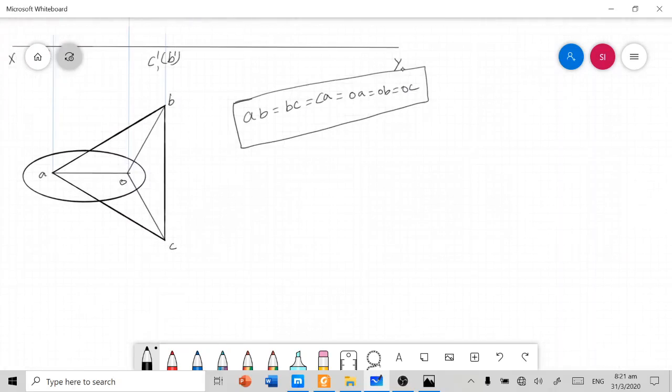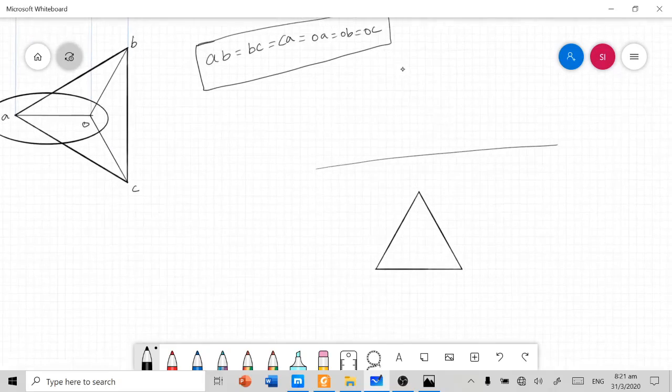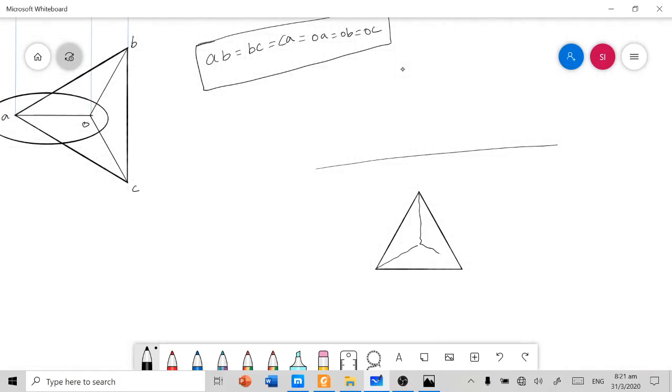For example, in some cases there may be some possibilities for a triangular base of the tetrahedron like that. So in this, no slant edge is parallel to the XY line in the top view. So OA, OB, OC won't show their original length in the front view.